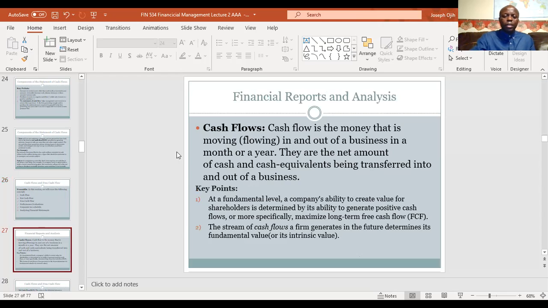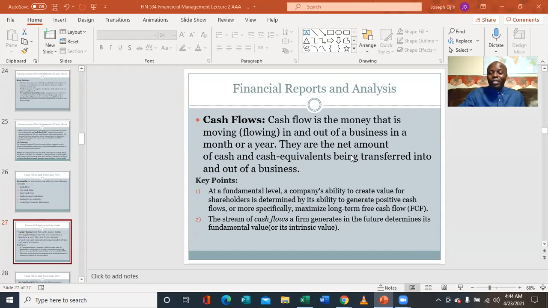Okay. Cash flow is just like the money we have after expenses. Cash flow basically means the money that is coming in and the money that is going out. So for a corporation, it means the money that is moving in and out of the corporation in a month or in a year.